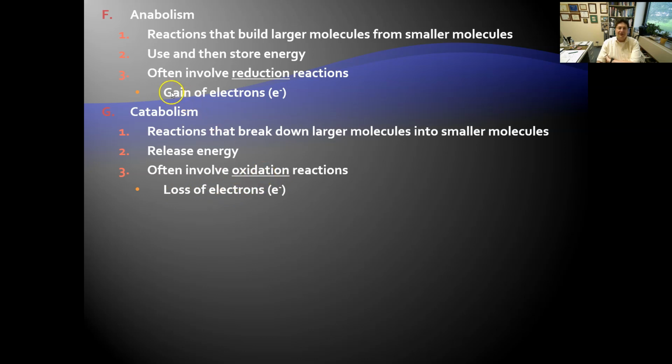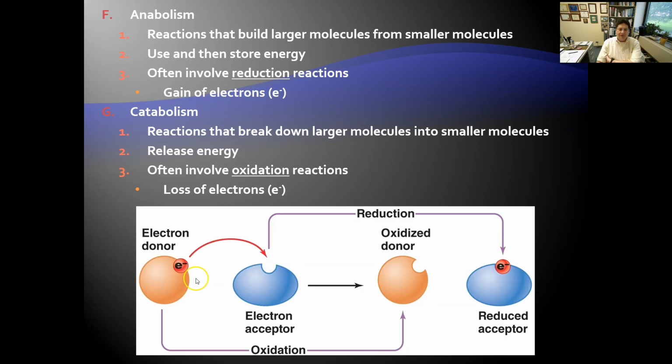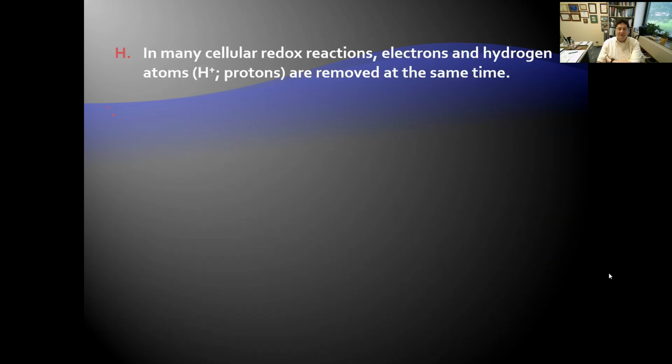Grr, G-E-R, gain, electrons, reduction. So Leo the lion goes grr. Okay? So we see here, this atom has lost an electron, so it is oxidized. This one has gained an electron. It picked it up from that one, so it is reduced. Okay, Leo the lion goes grr.